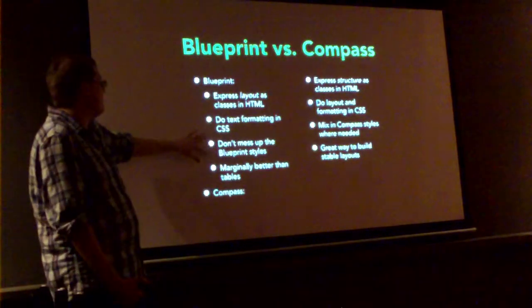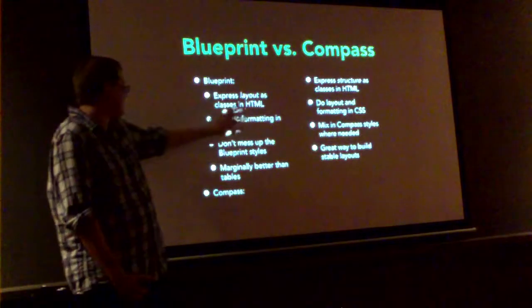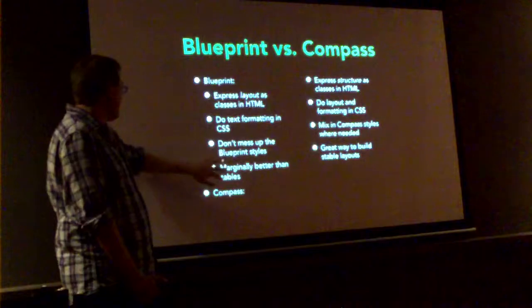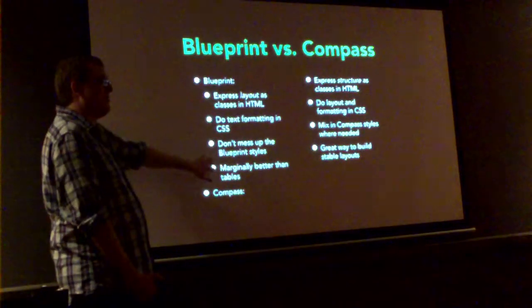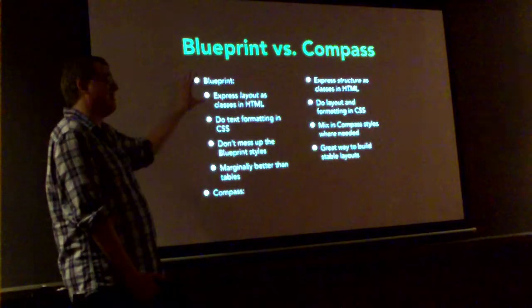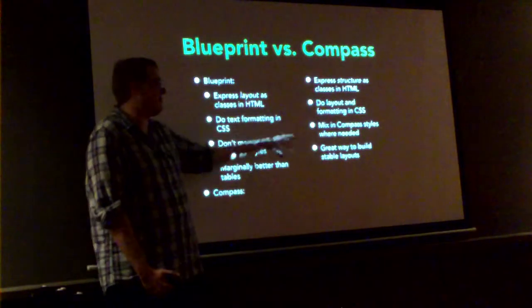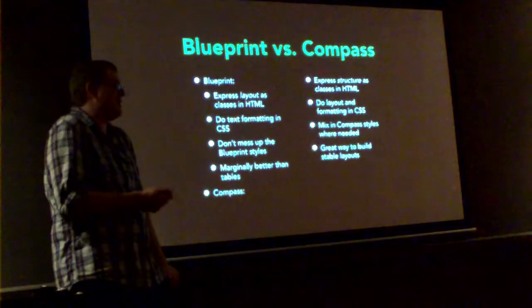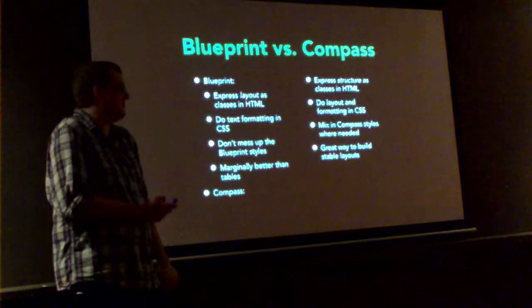Don't mess up the Blueprint styles if you're using plain Blueprint. In Compass, you just mix in the Compass styles whenever you want them. And this is marginally better than tables because each element in your document has its width encoded in it, whereas with Compass, you can build a layout and then later go into the CSS and change it without having to mess with every HTML element inside.